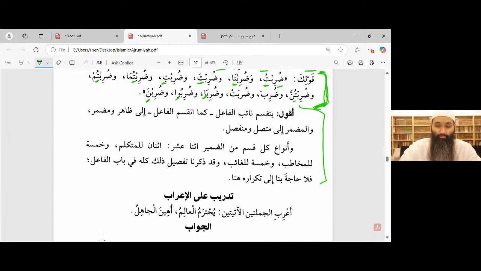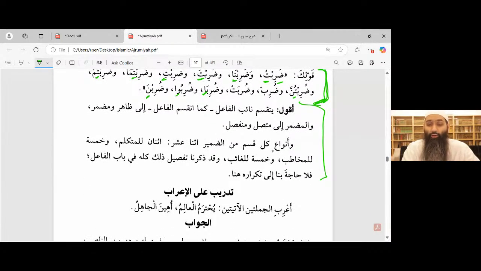Yes, that's quite simple. Okay, وأنواع كل قسم من الضمير 12. So he's saying that the types from each category of damir is 12. We have 12 for muttasil, 12 for munfasil.